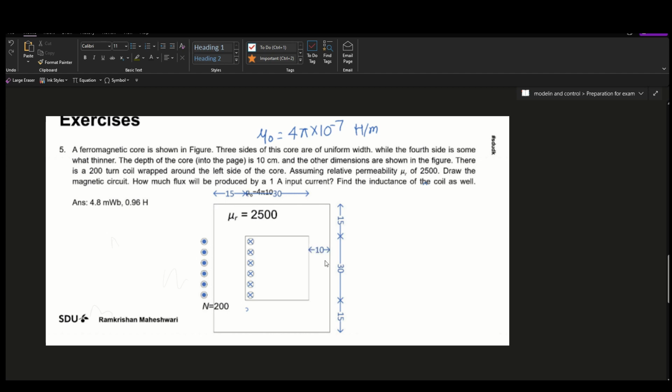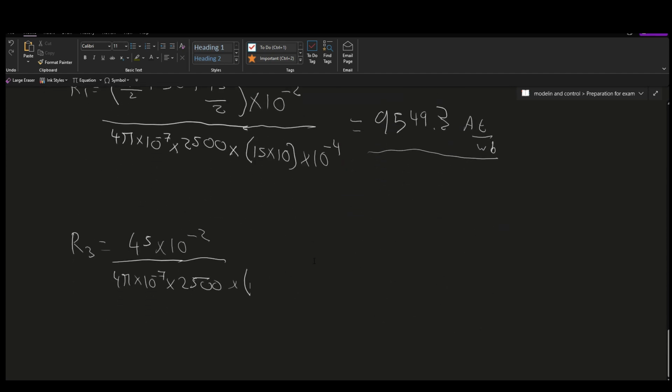So the cross-sectional area is gonna be 10 times 10, because it is going 10 centimeters into the page. So we have 10 times 10 times 10 to the minus 4, because we need it in meters.